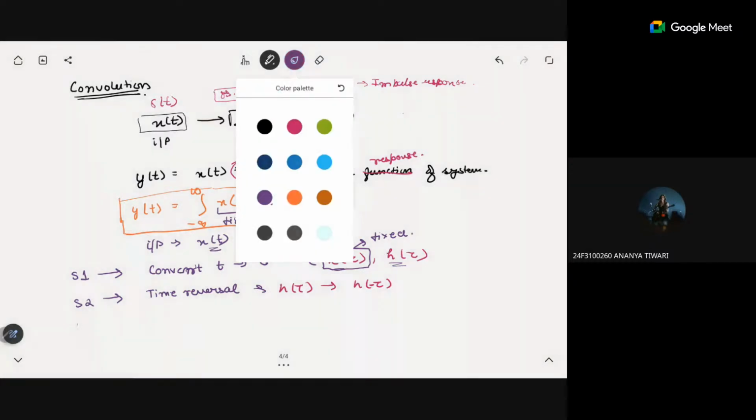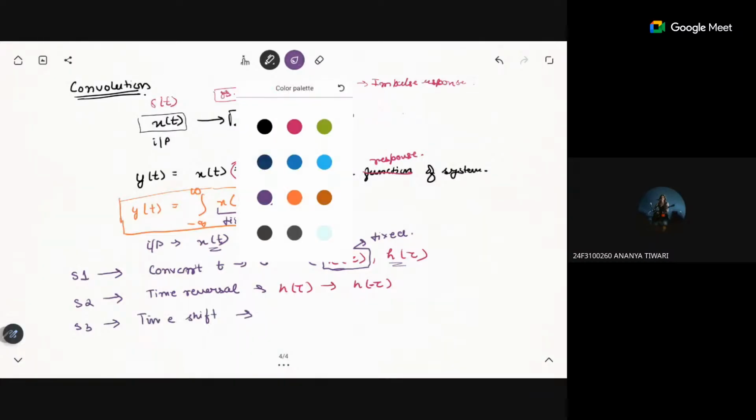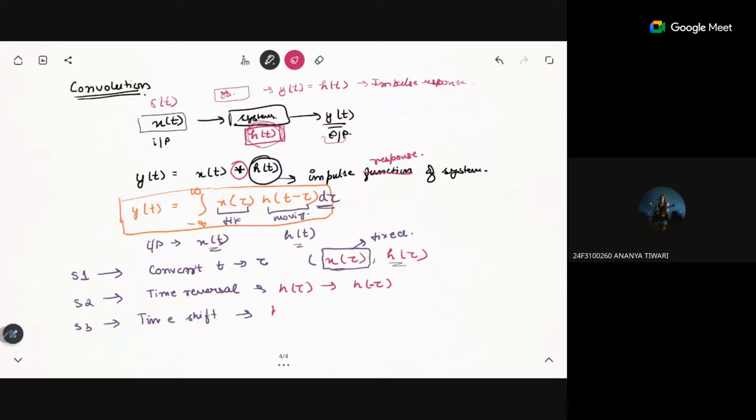Now step 3 is your time shift. Time shift means we are advancing that signal. So h of minus tau becomes h of minus tau plus t, which we can also write as h of t minus tau.